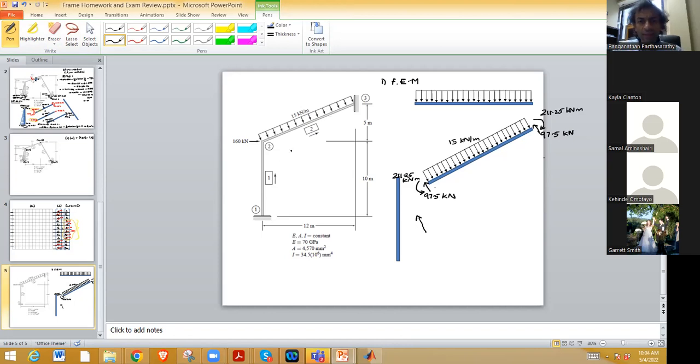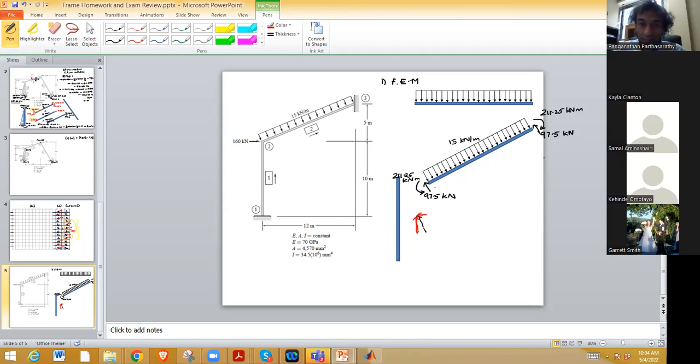Okay, you have 97.5 kilonewton acting that way. So we can break it up into horizontal component and vertical component. So how much is it? 97.5 times 12 by 13.